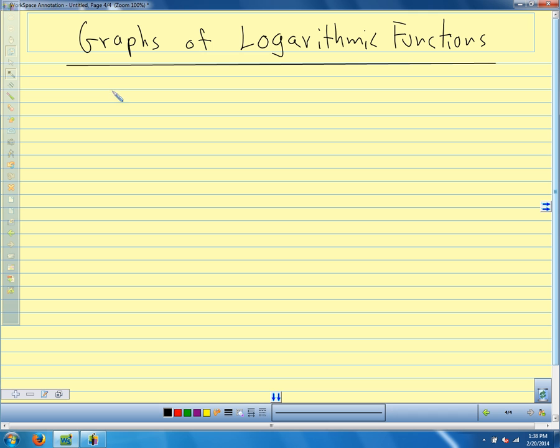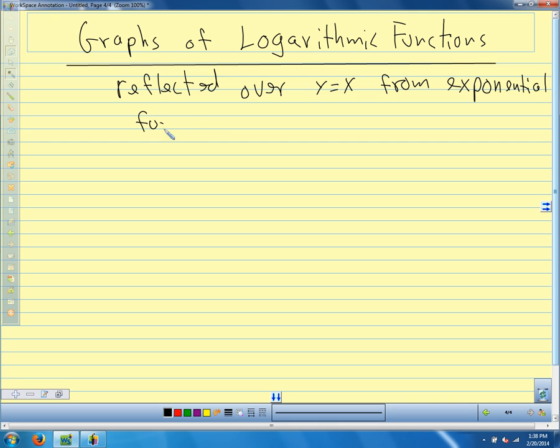So our graph is going to be reflected over y equals x from the exponential function. And because they're inverses of each other, we switch the domain and the range, we switch the y and the x. So what was the range of the exponential function becomes the domain of the logarithmic function, etc. All of these things come from that idea.